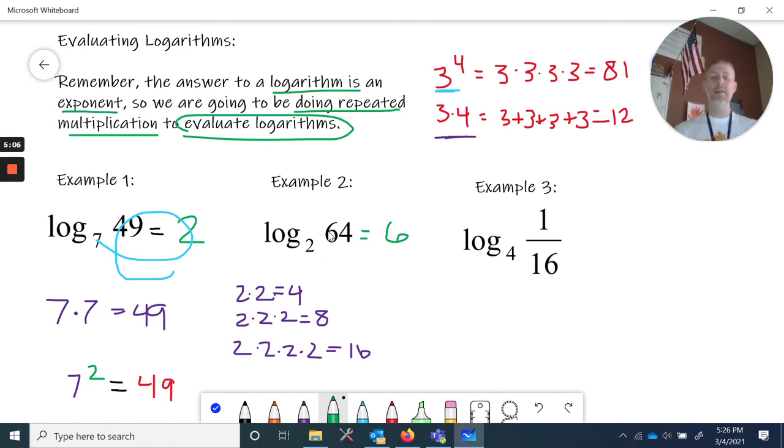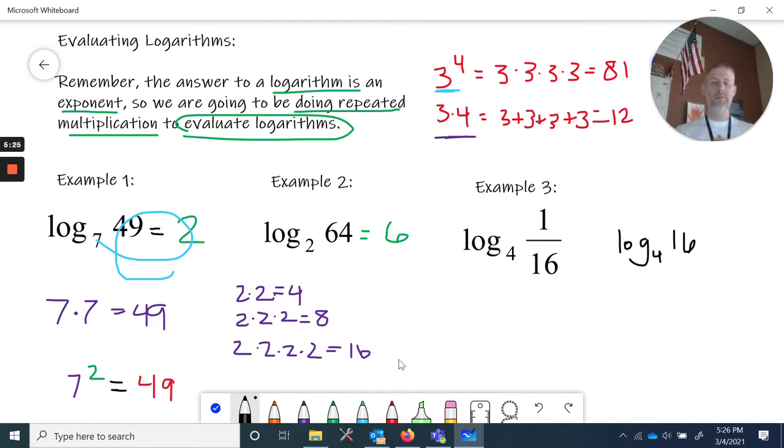All right, one last example that looks a little funky because we've got a fraction here. Another problem we could do is log base 4 of 1/16. 4 to the 2nd power is 16 because 4 times 4 is 16. But we have a fraction here.